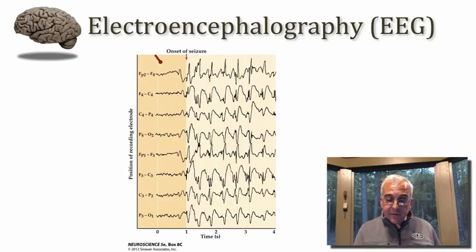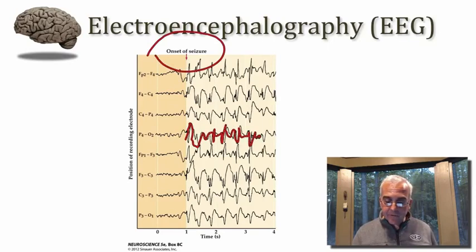And then with the onset of the seizure, we see this massive synchronous discharge as indicated by these high amplitude, lower frequency waves that emerge in this patient synchronously across the entire brain. So this would be an example of what we call a generalized seizure because it involves almost the entire brain all at once. So this pattern of brain activity would be considered to be pathological.